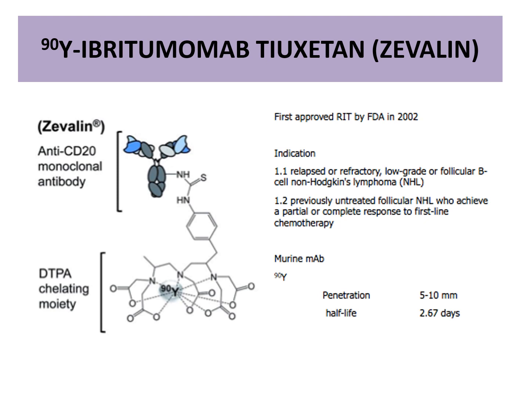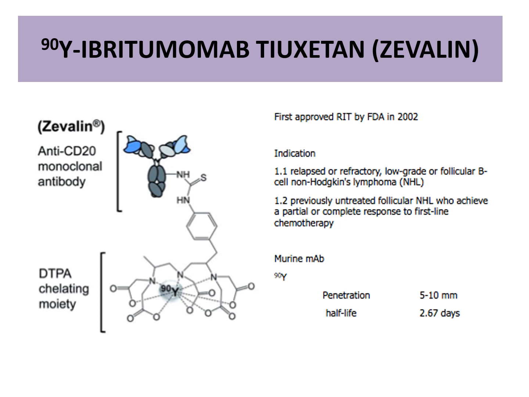The first one that we have is yttrium-90 ibritumomab tiuxetan, or it is called Zevalin. It was the first RIT approved by the FDA in 2002. The indication is for relapsed or refractory low-grade or follicular B cell non-Hodgkin lymphoma, and previously untreated follicular NHL who achieve a partial or complete response to first-line chemotherapy.